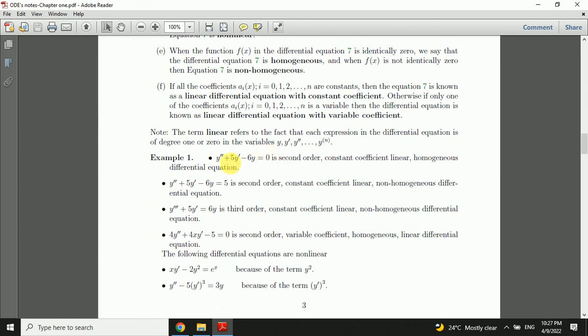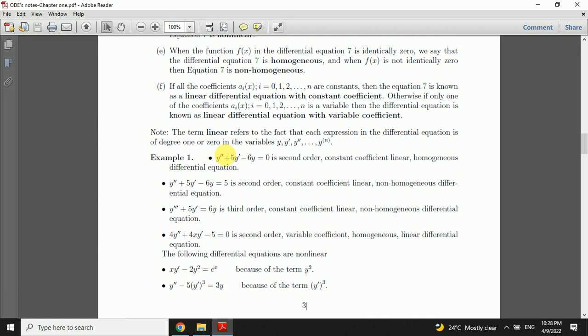So, first of all, what is the order of this? Let's go back to where we started. The order of this differential equation is the second order. What is the degree? We look at the highest derivative. It is raised to which power? It is raised to power 1. So the degree is 1.